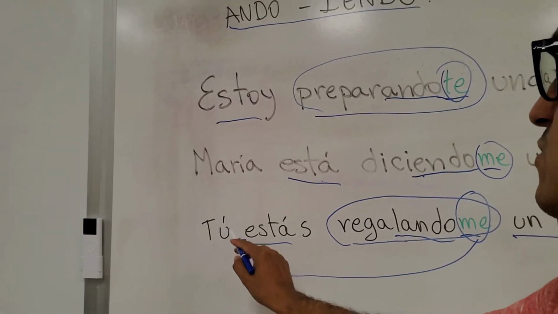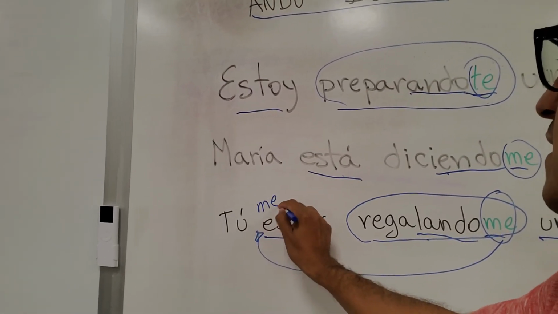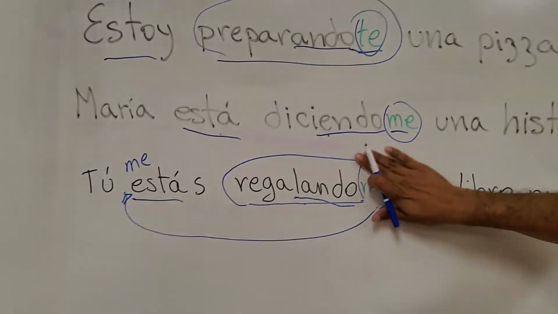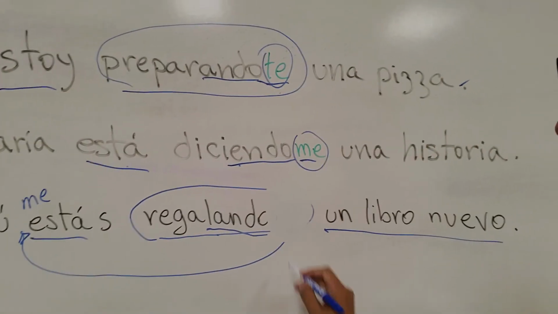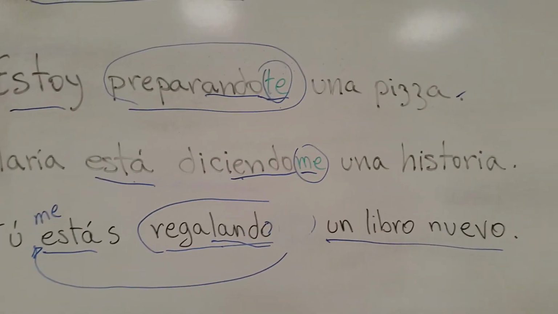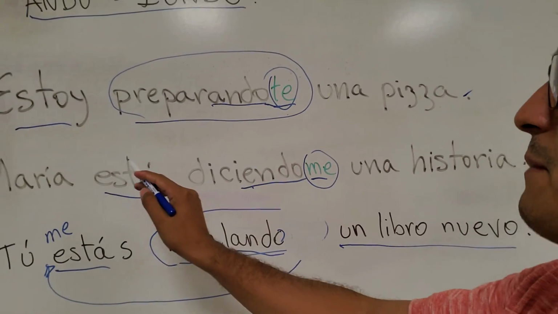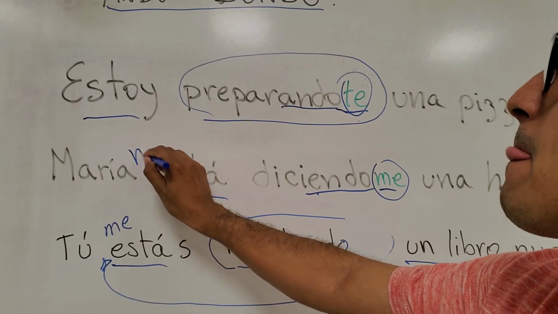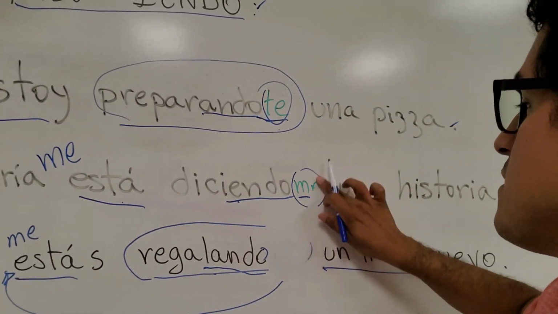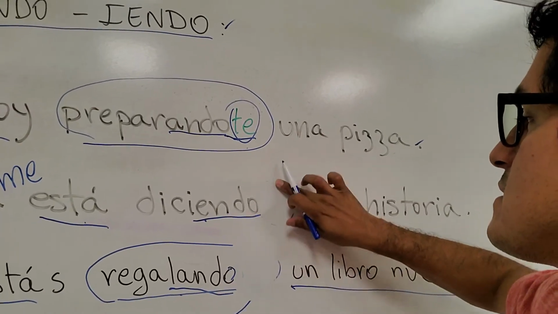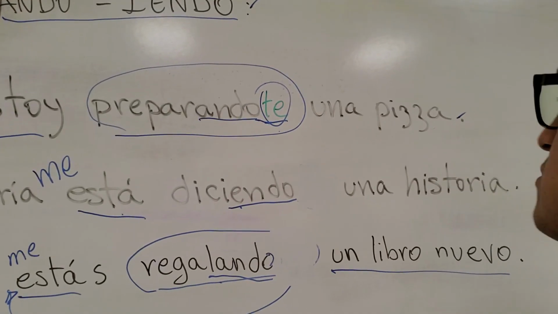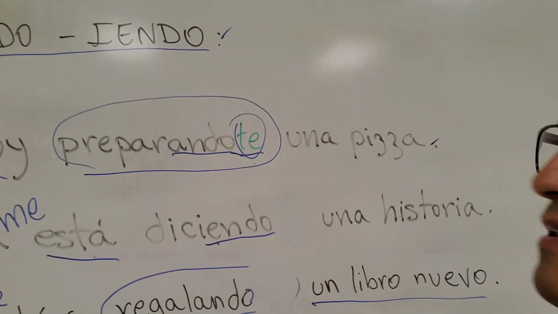So I could say, tú me estás regalando, and then I delete this part. Tú me estás regalando un libro nuevo. María me está diciendo una historia. See?